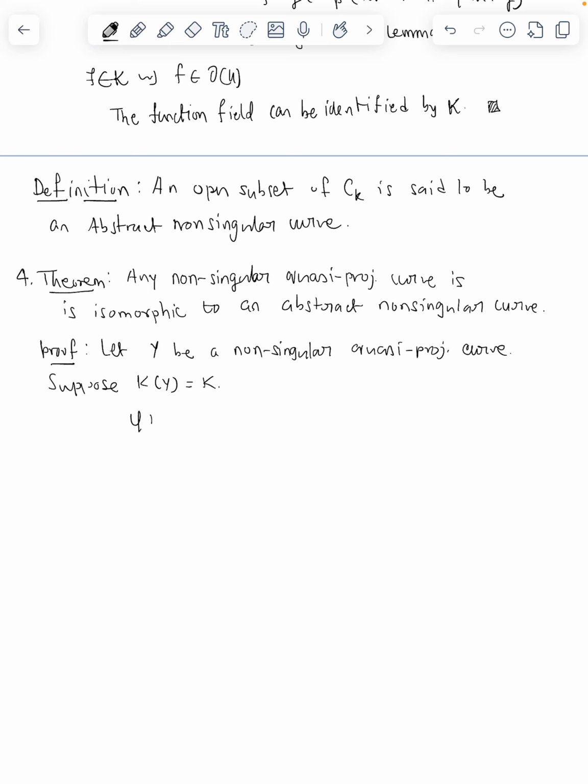Then obviously we have a map from Y to CK, which is just P going to O_P. We have already seen this is one-one, and I will define U to be its image, so it's onto its image.